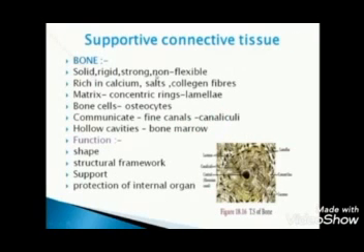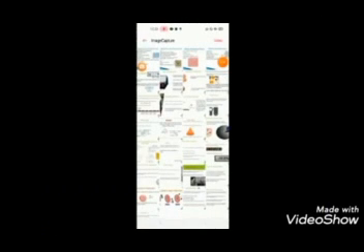Now the next one is the supportive connective tissue, that is bone. It is a solid, rigid and strong, non-flexible, skeletal connective tissue. The matrix of the bone is rich in calcium salts and collagen fibers, which gives the bone its strength. The matrix of the bone is in the formation of concentric rings called lamellae.